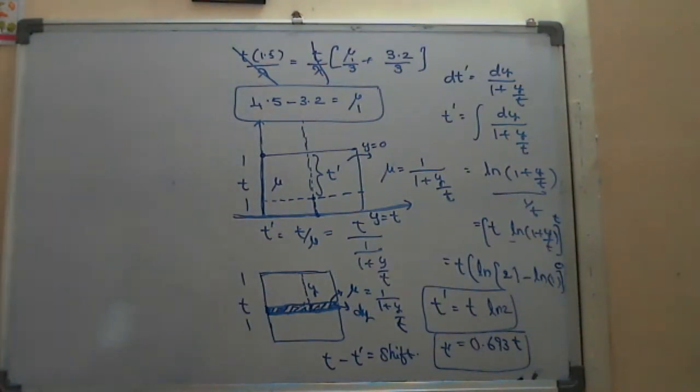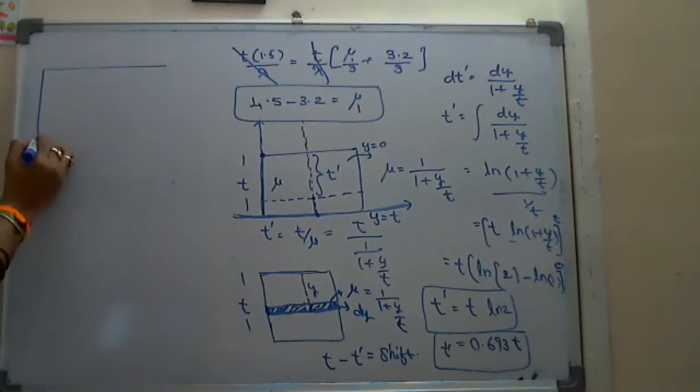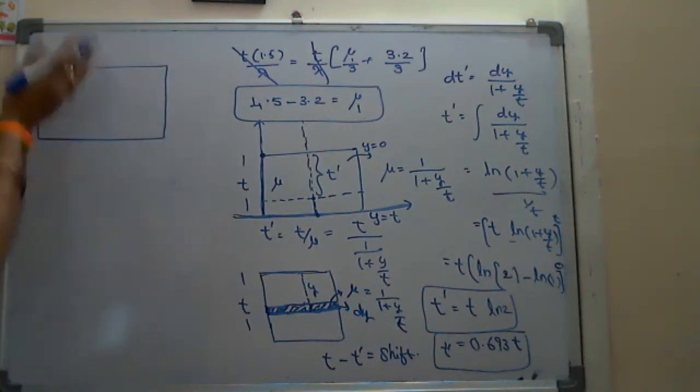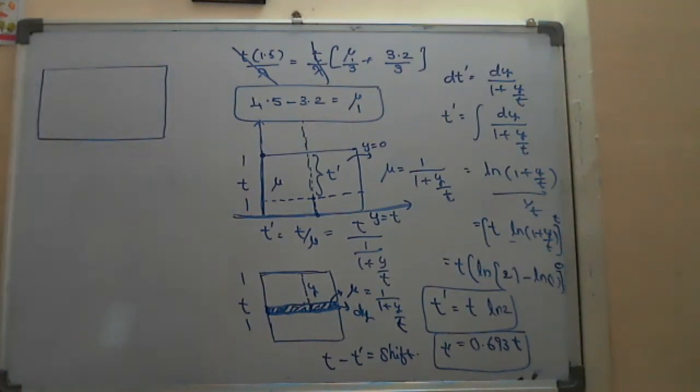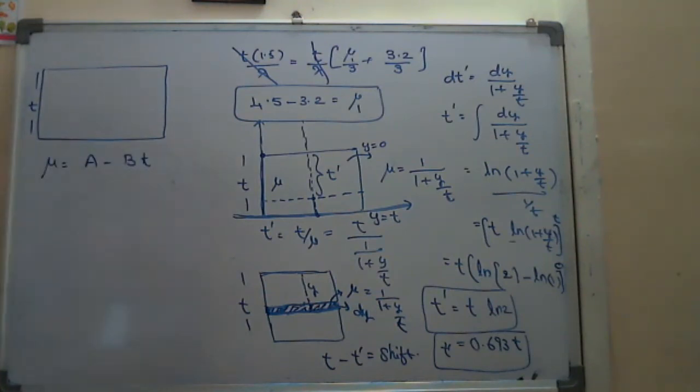suppose one question, if they ask like this, suppose this is one glass slab. Again, its refractive index changes with the thickness. Suppose it is given as mu is equal to A minus B into t, where A and B are constants.